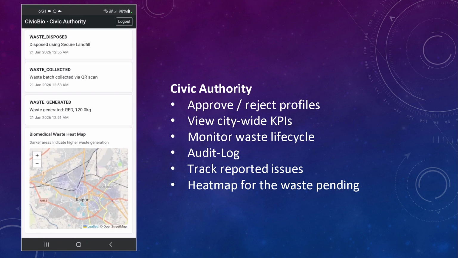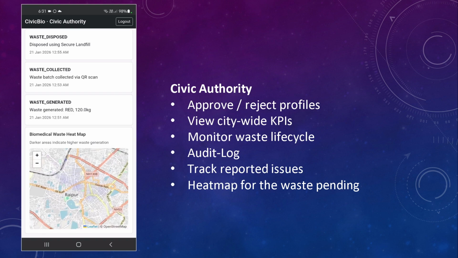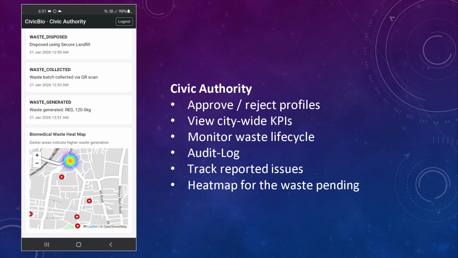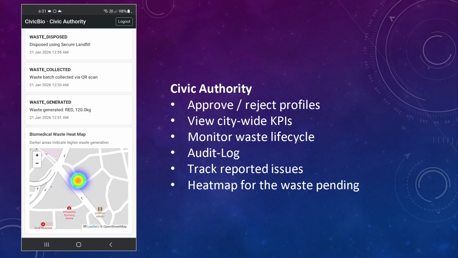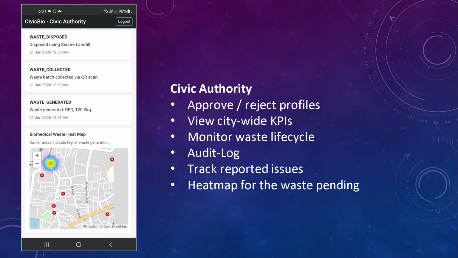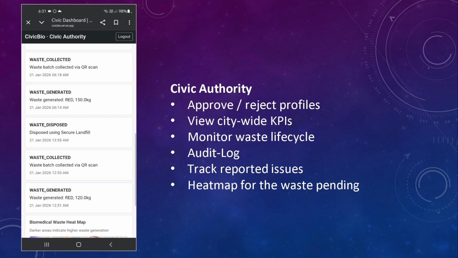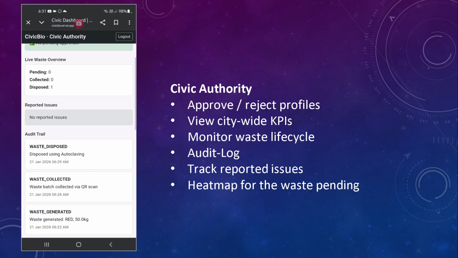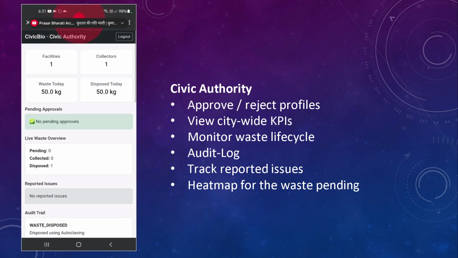This is an audit log showing the date and time of waste generation, collection, and disposal. I am also seeing the heat map showing how many are pending in the city and where the waste is relevant. We also have a live waste overview showing how many are disposed, collected, and pending.